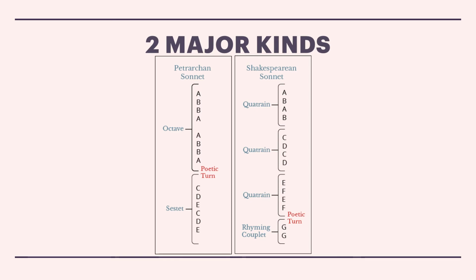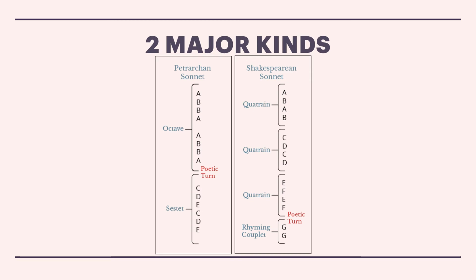The way it breaks down is there are two major kinds of sonnets that we will be encountering. The first is called the Petrarchan sonnet. It can also be called Italian. This is named after the Italian poet Petrarch. He's a medieval poet. He's very important.